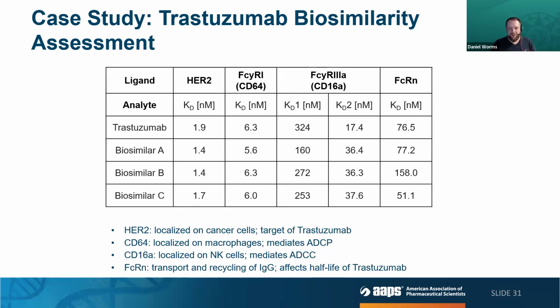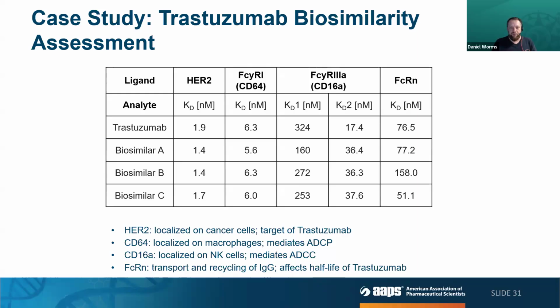Then for CD16A, this is a receptor which is localized on natural killer cells, and this mediates antibody-dependent cellular cytotoxicity. And in that case, we did not use the one-to-one binding model. Instead, we used the heterogeneous ligand binding model for the fit of the curves.